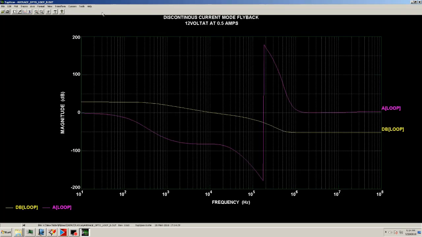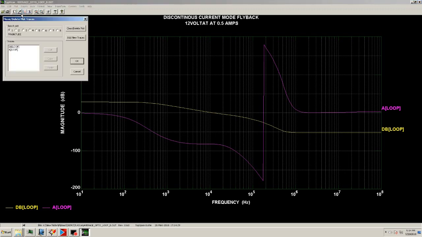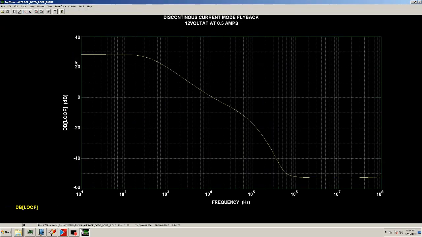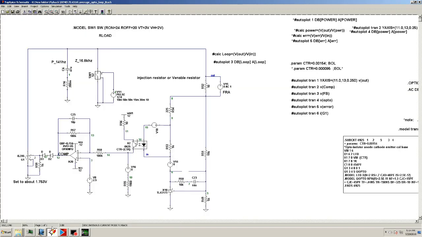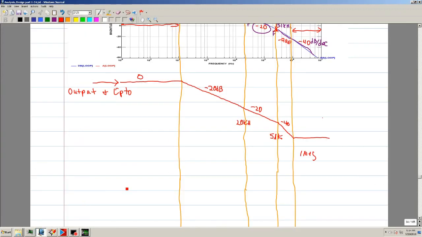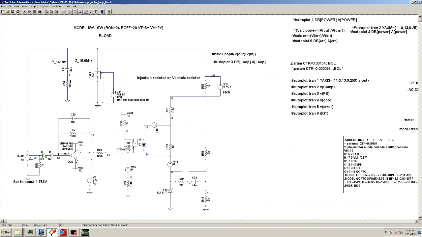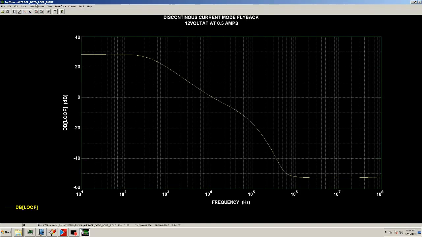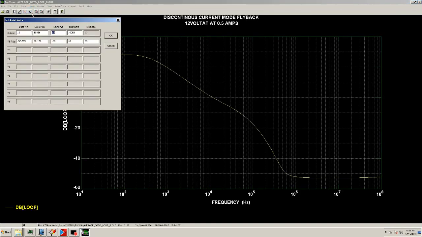Okay, so now if you notice, let me go ahead and delete this, the amplitude, and let me cut the frequency. I think the frequency we went up to was 1 meg, so let me redo this to change the scaling to 10 instead of 100.